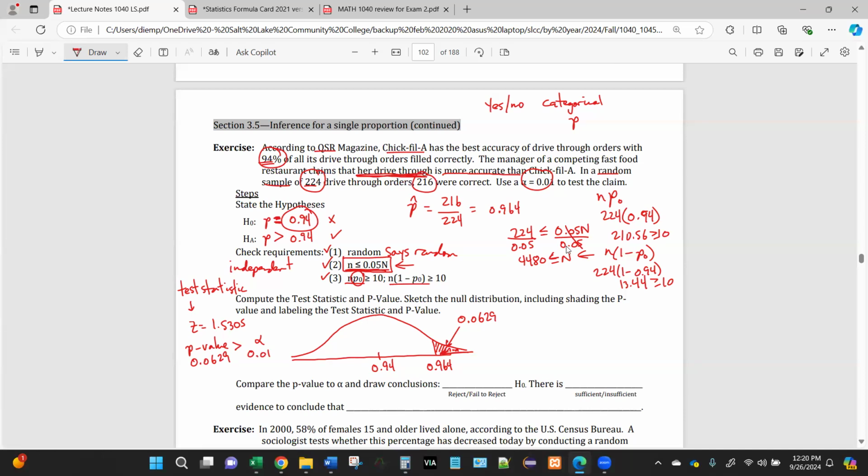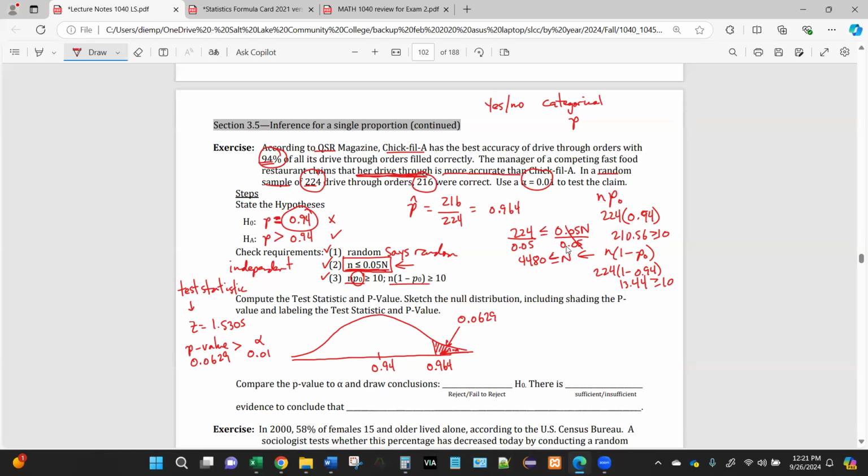Why would they make the alpha so low here? Well, think about what a type 1 error would mean. A type 1 error, which is what alpha tells us, the probability of making a type 1 error, would mean that people start adopting this technique, right? And it's probably expensive, I would imagine. They'd probably have to buy some new machinery, maybe some new software, retrain their staff.